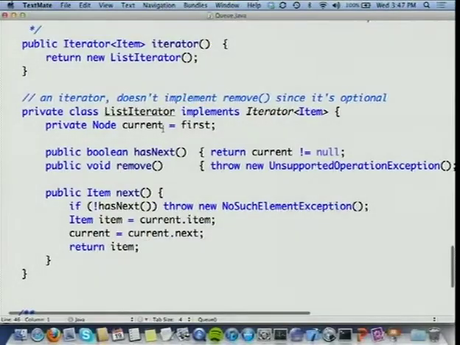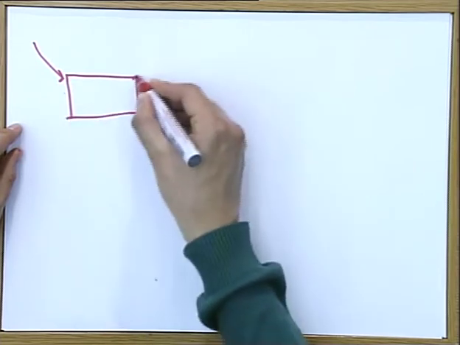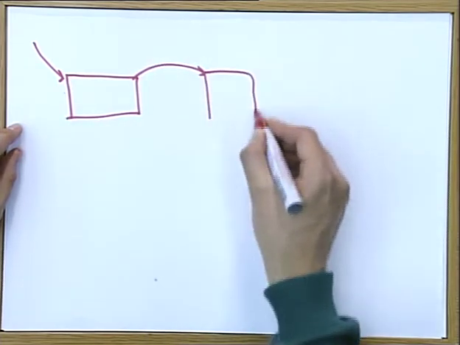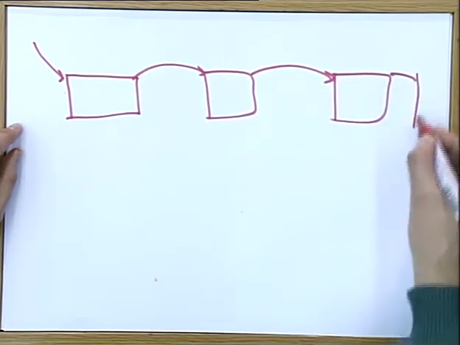So we have here node, and now current is the current item that we are currently pointing to, that we want to print out. So let's make a simple list here just to illustrate things, to make it clear. Maybe I have a list that's currently looking like this, and this one is pointing to null.